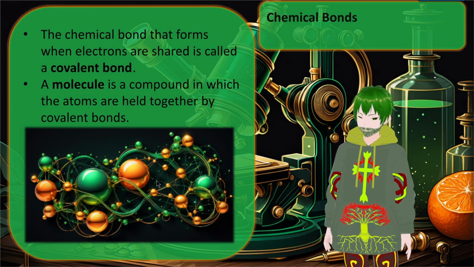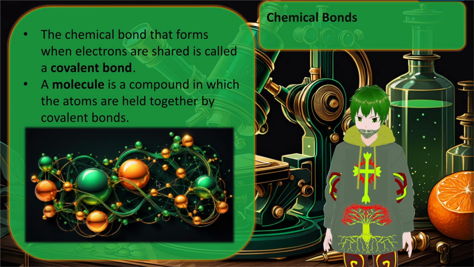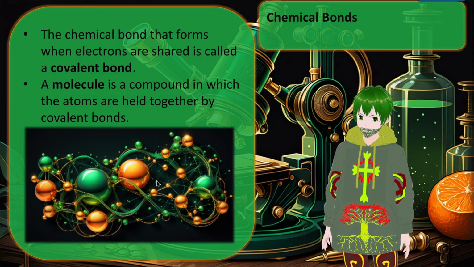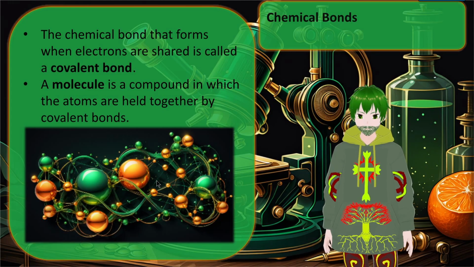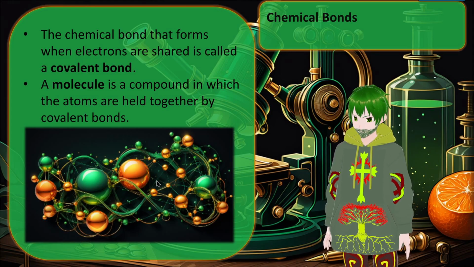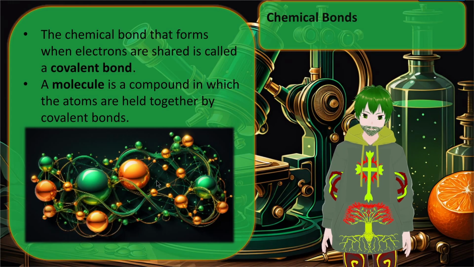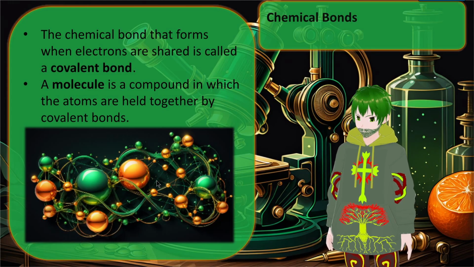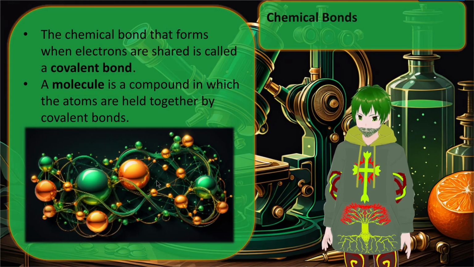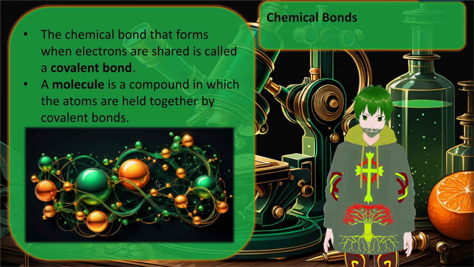So two carbon atoms, which have 4 valence electrons, can share up to 3 each. So that's 6 total, and then one extra for each is 7, and it'll need to bond with something else to become stable. But it can form a triple bond, where each one is sharing 3 electrons, and so each one acts like it now has an extra 3 electrons to what it originally had.